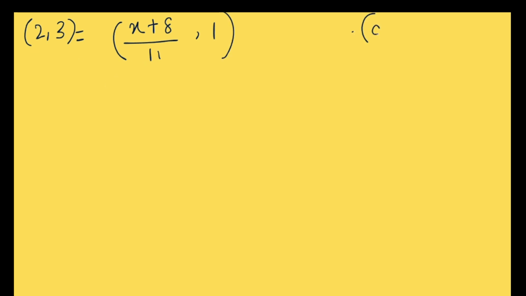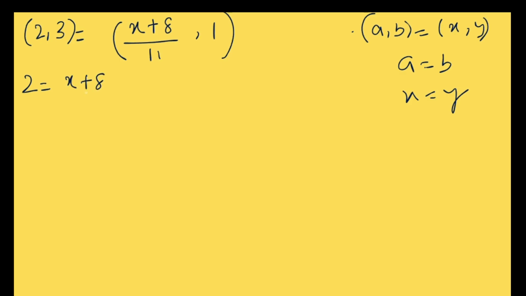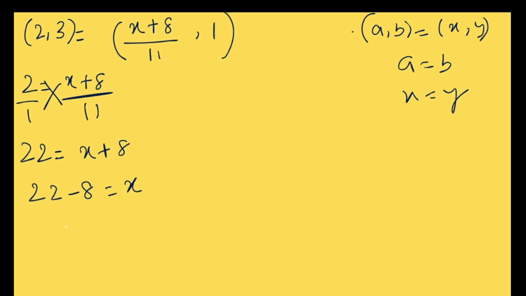If (a, b) is equal to (x, y), then a is equal to x and b is equal to y. So here 2 is equal to (x plus 8) by 3. We are going to do cross multiplication. 6 is equal to x plus 8, so x is equal to 6 minus 8, giving the value of x.